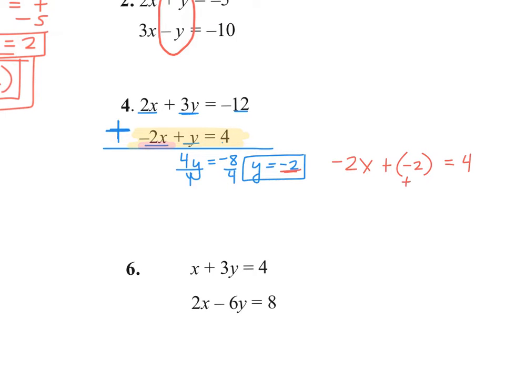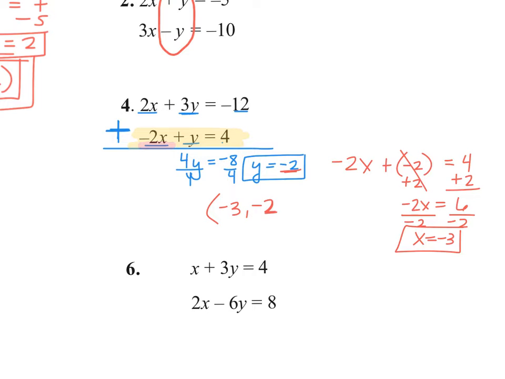So if I add 2, that's going to get the negative 2 out of there. So 6 equals negative 2x, and then divide by negative 2, and I get x equals negative 3. So my answer is going to be negative 3, negative 2. And that is it. Okay.